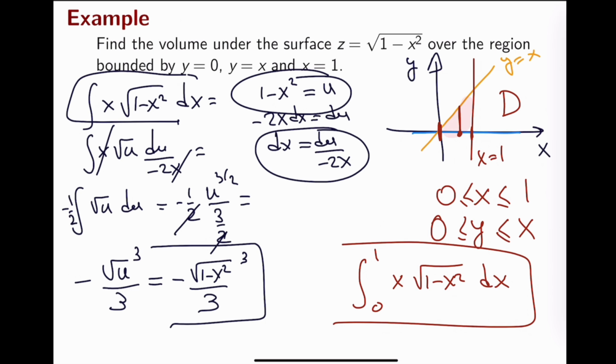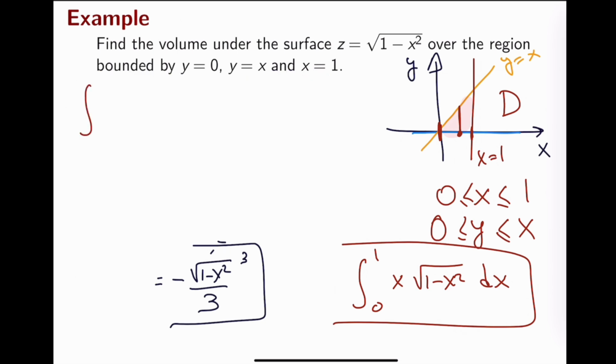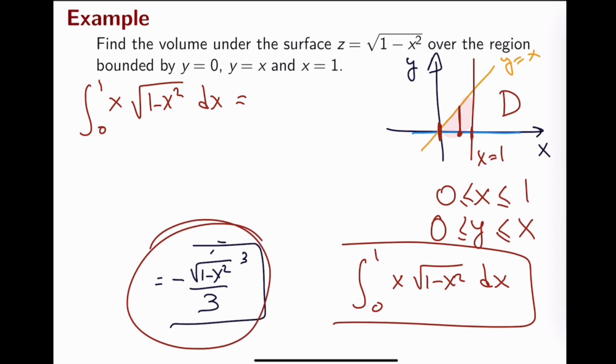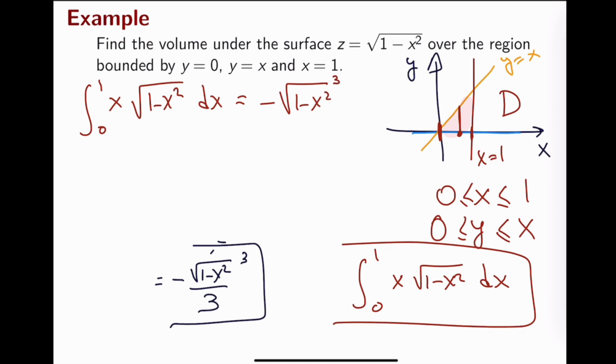Now, knowing the primitive, we are going to come back here and just evaluate. So the integral between 0 and 1 of x times the square root of 1 minus x squared dx is just this primitive that we just calculated, minus square root of 1 minus x squared cubed over 3, evaluated between 0 and 1.